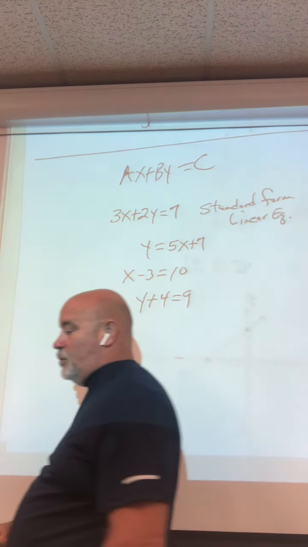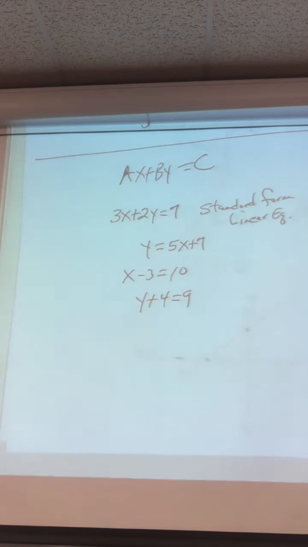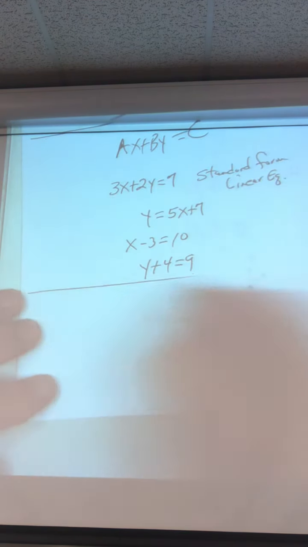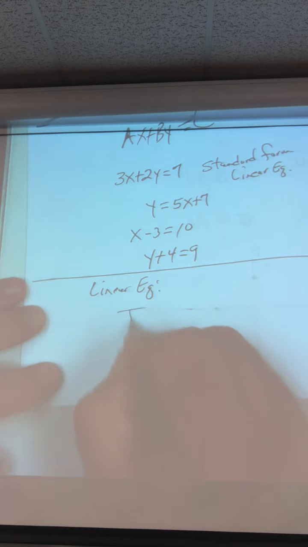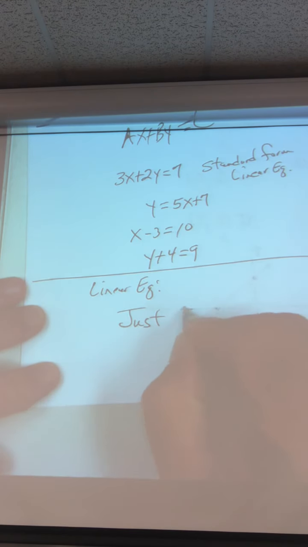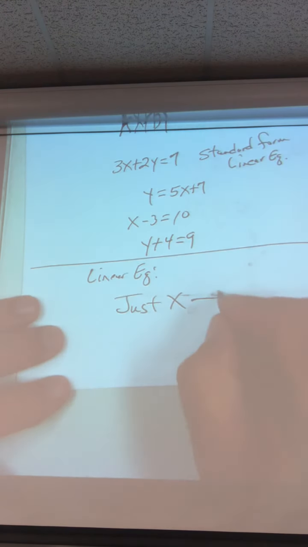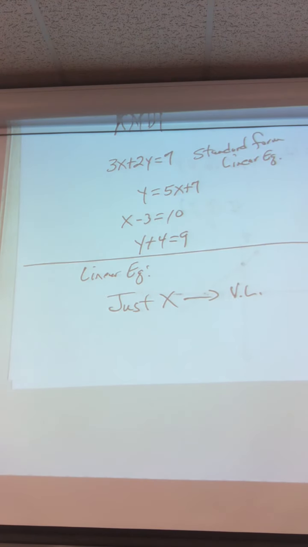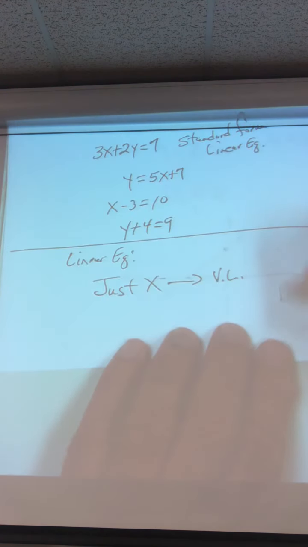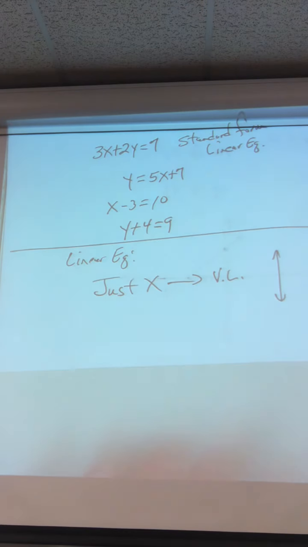Now, let me tell you which one is which. I will explain it later. And you'll definitely want to write this down. If your linear equation has just an x in it, that's a vertical line. That means the graph looks just like this.